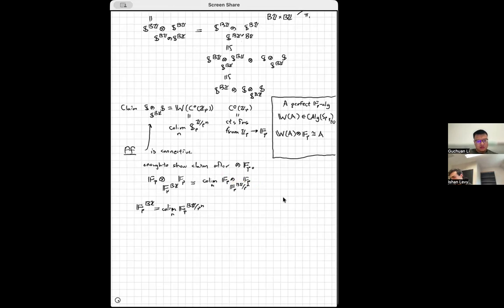And so what that tells you is that this is just the colimit over n of the cohomology of the loop space of B(Z mod p to the n), but that's just F_p to the Z mod p to the n, which is exactly continuous functions on Z_p. Okay, so this step was convergence of the Eilenberg-Moore spectral sequence.